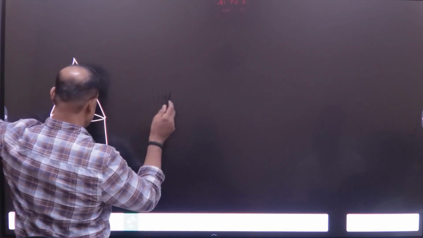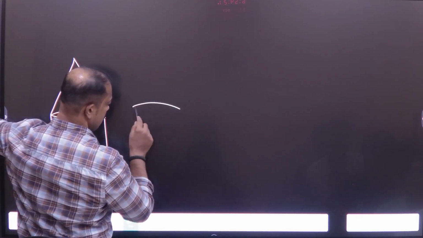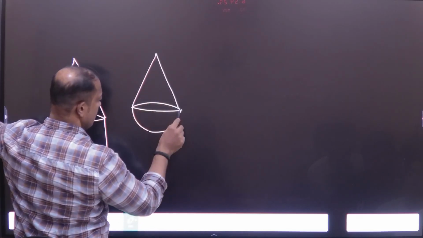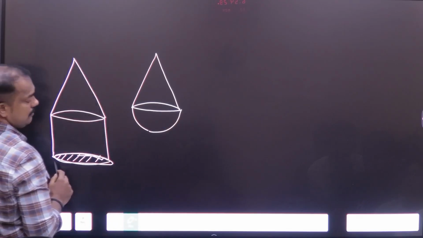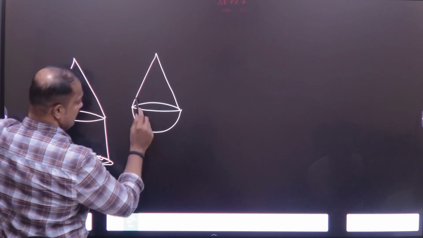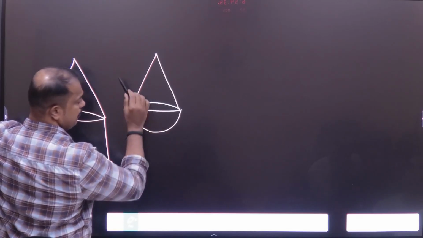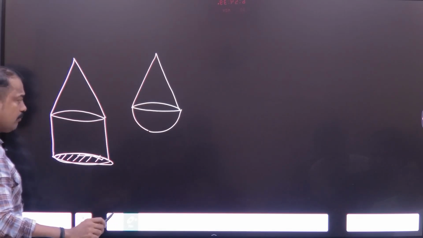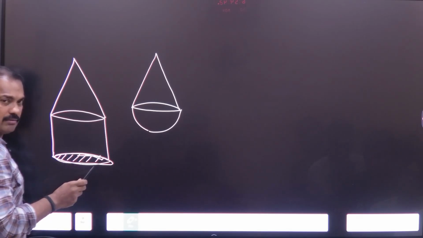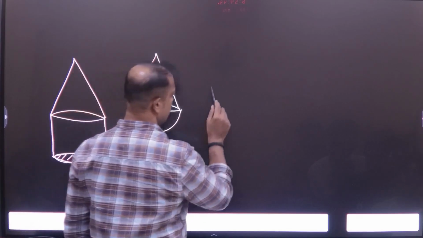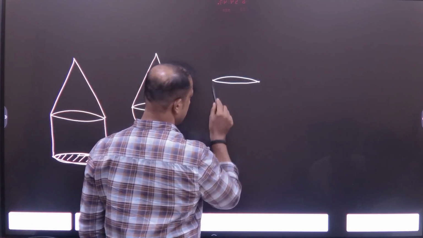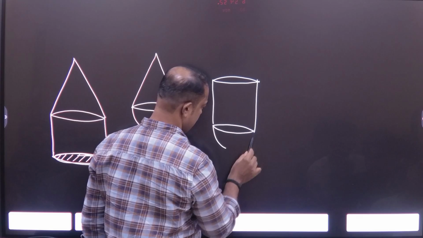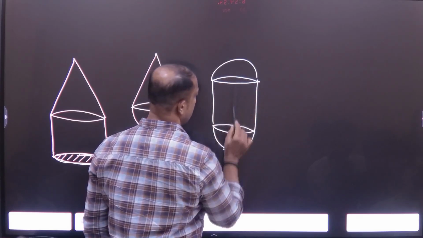Now listen. What is the total surface area of this figure? CSA of the hemisphere plus CSA of the cone. टोटल सरफेस एरिया पूछा तो ये करना चाहिए. क्लियर है? ठीक है. और what is the total surface area of this figure?